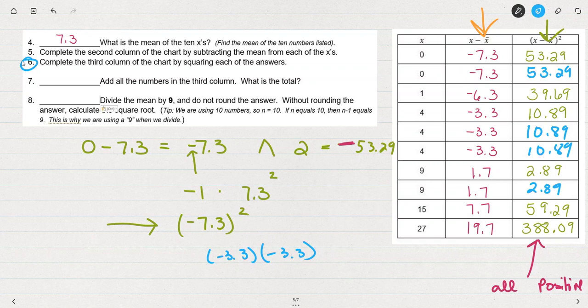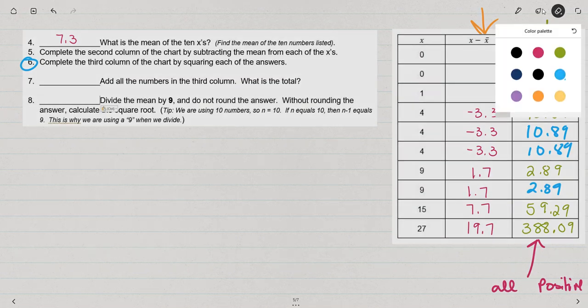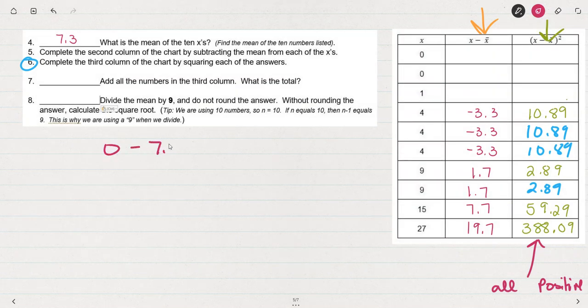But again, what I'll say is that it probably, in most cases, is going to be a little bit less work in the end if, instead of doing the whole column at a time, I take my 0 minus the mean and have that in the calculator and then square it, and get the 53.29 all at the same time.